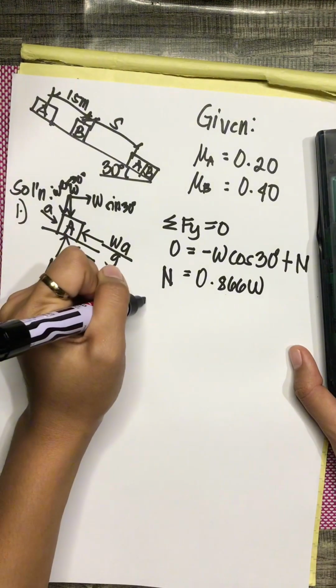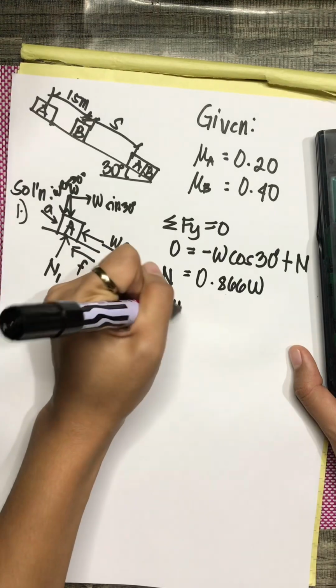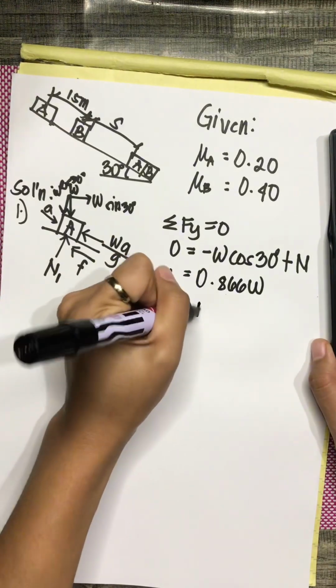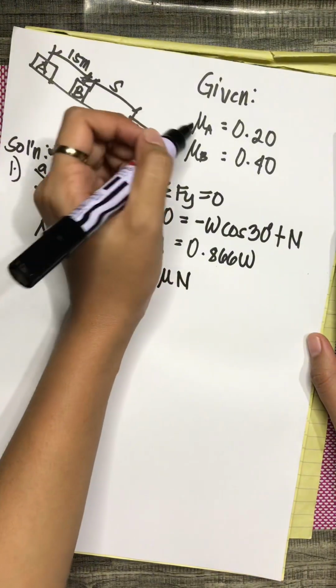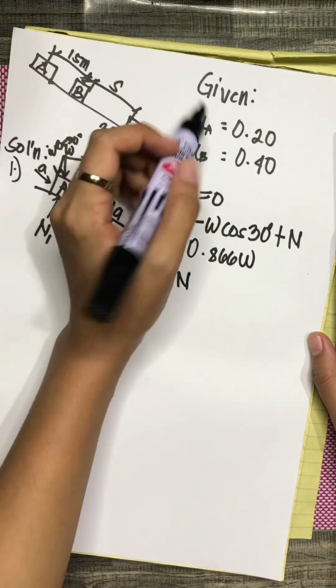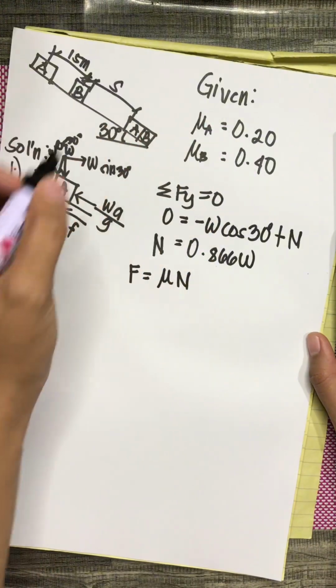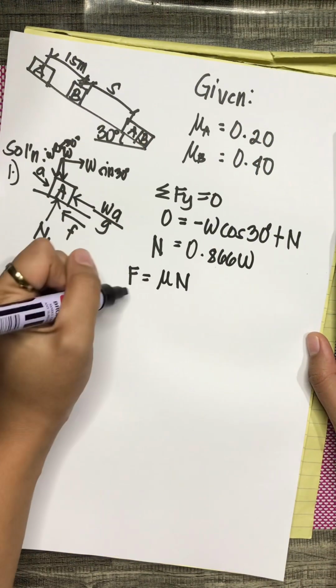Then next we have the friction. So F equals mu times N. We are given that the coefficient of friction of block A is 0.2. So let's substitute.